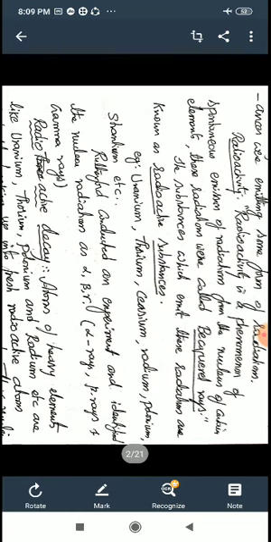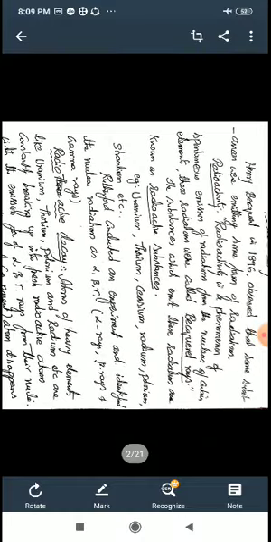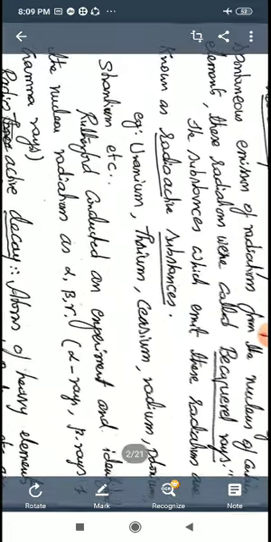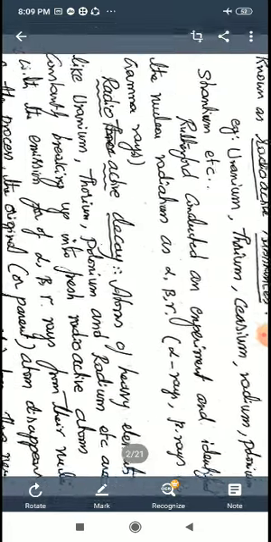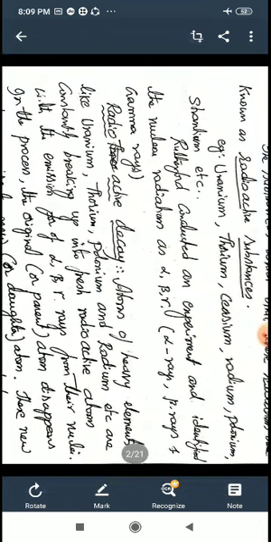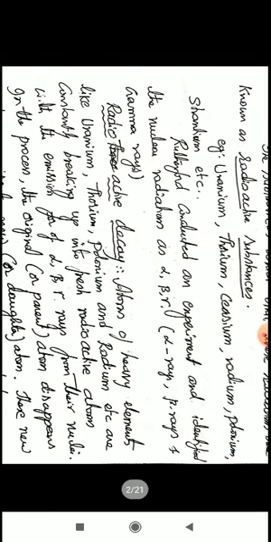Now let us see about radioactive decay. Atoms of heavy elements like uranium, thorium, polonium, and radium, etc., are constantly breaking up into fresh radioactive atoms with the emission of alpha, beta, and gamma rays from their nuclei.